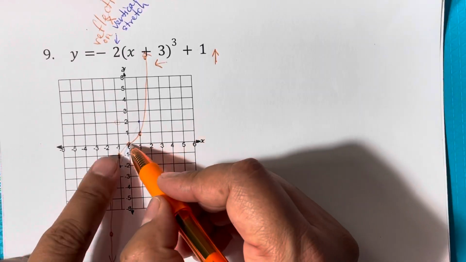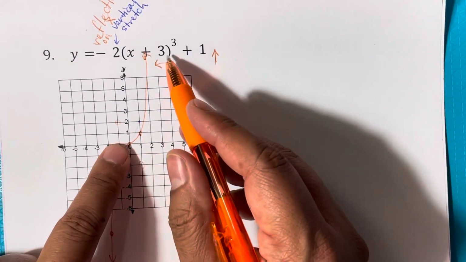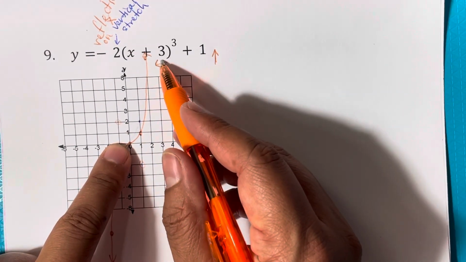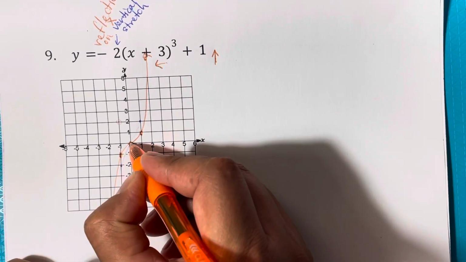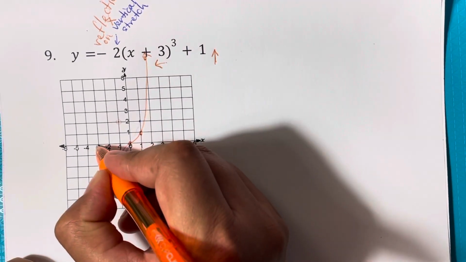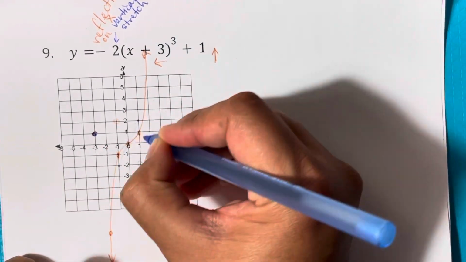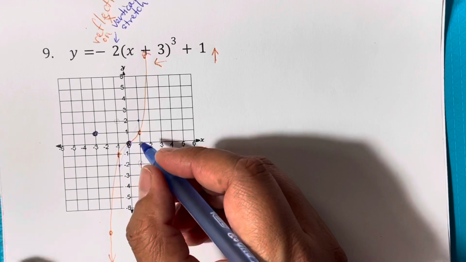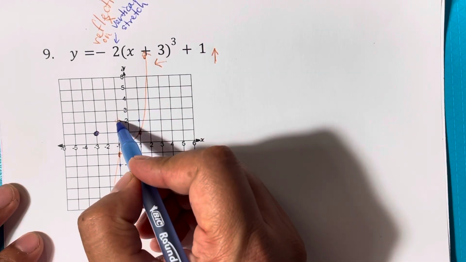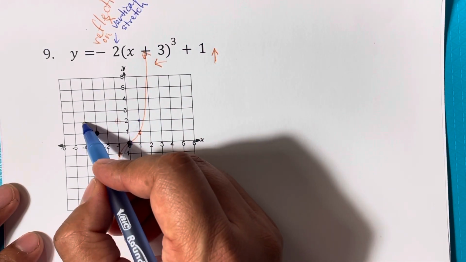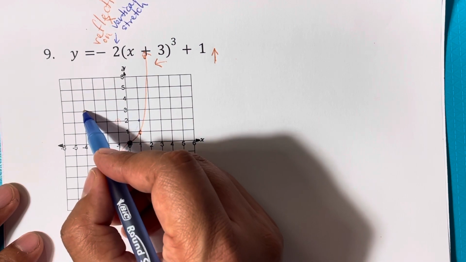So now these 3 points, we're going to move them 3 spaces left and 1 up. So this one, 1, 2, 3, and 1 up. That's my origin. This point is this one right here. This point, 1, 2, 3, 1 up, right there.